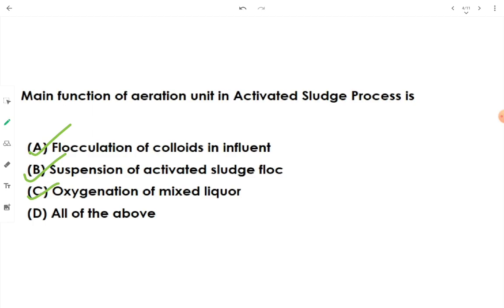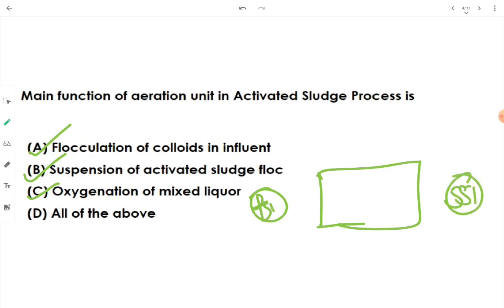Activated sludge process unit is nothing but a large tank that is placed in between PST and SST. Okay, from PST it goes to ASP, and from ASP it goes to SST.